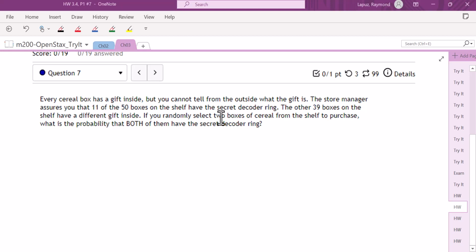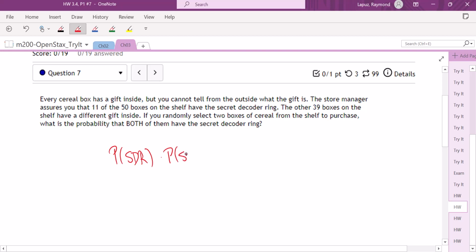So basically you want to know the probability of getting a secret decoder ring for the first pick, and then times the probability that you get a secret decoder ring for the second pick, given that you've already selected a secret decoder ring.